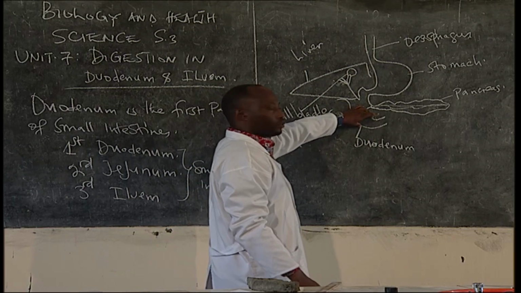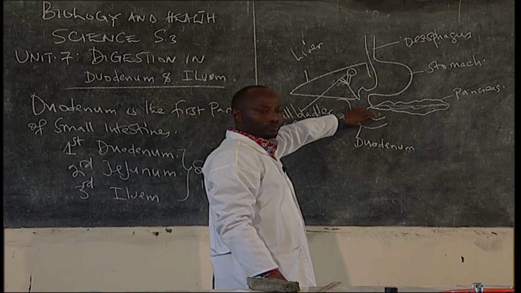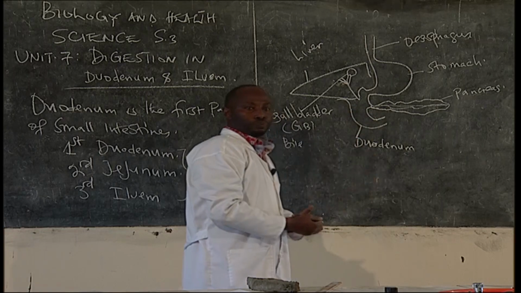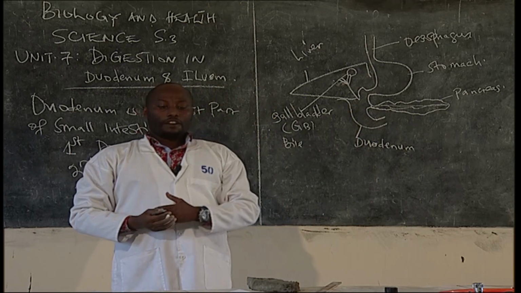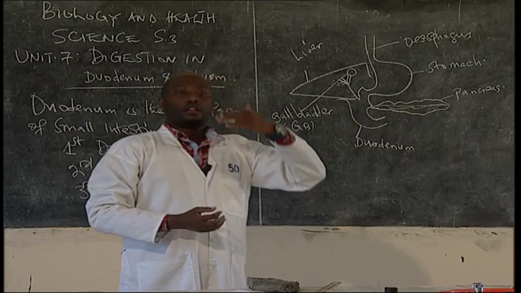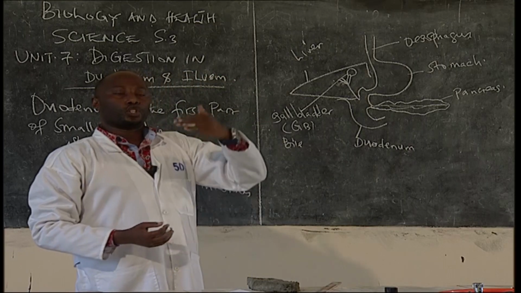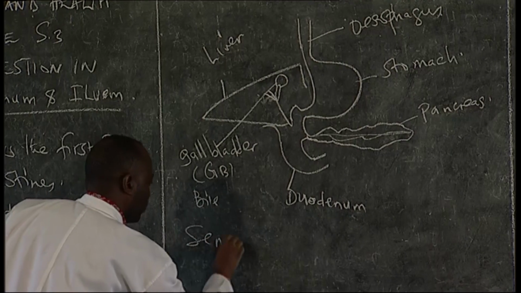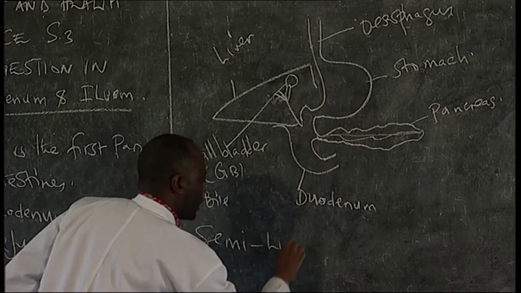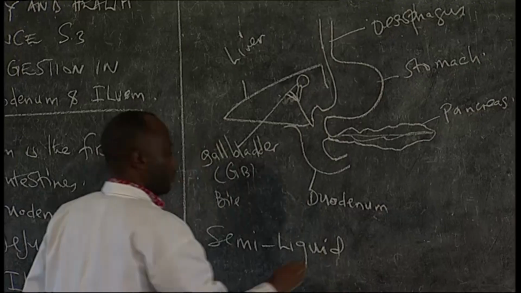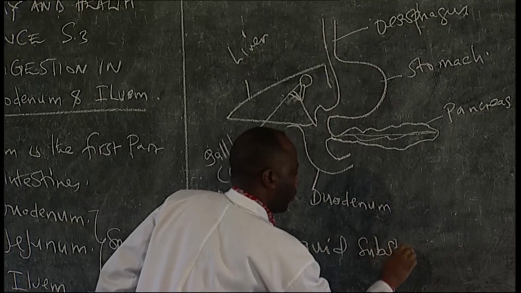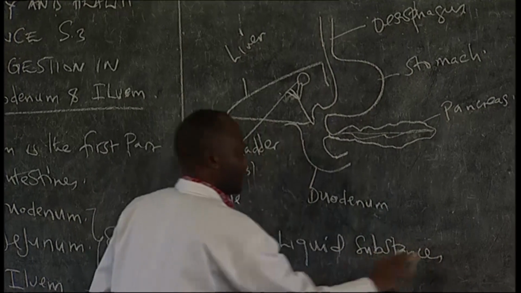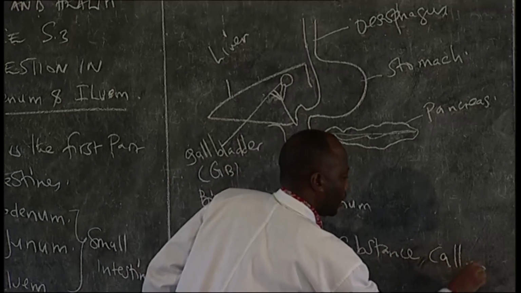So the first part of the small intestine is the duodenum. So what does the duodenum do? As I said, after the food is churned, it is changed into a semi-liquid substance, greenish in color, called chyme.